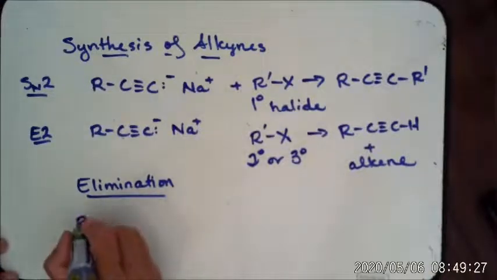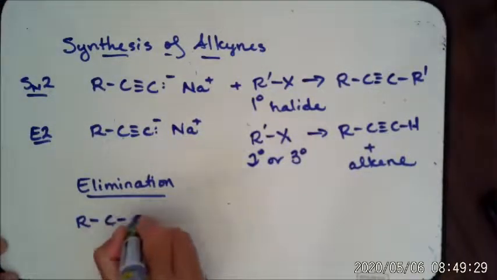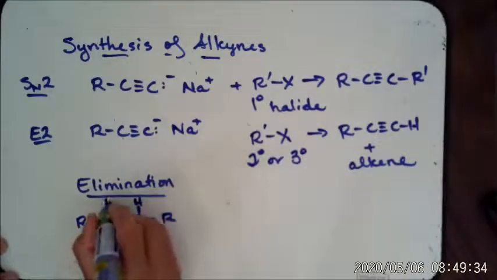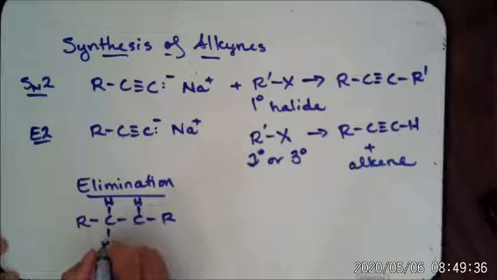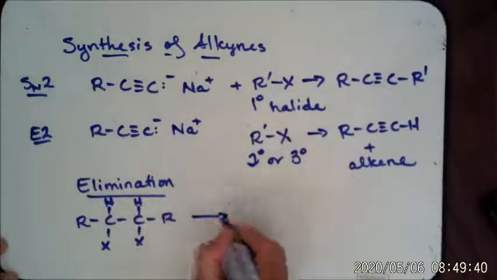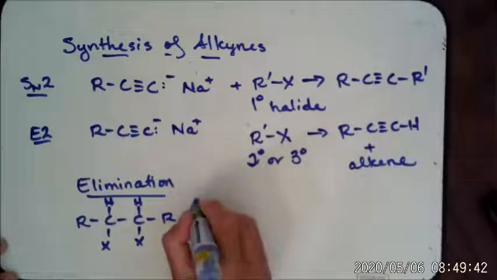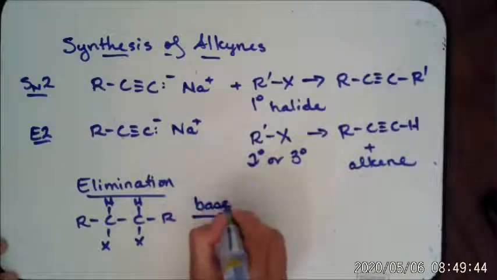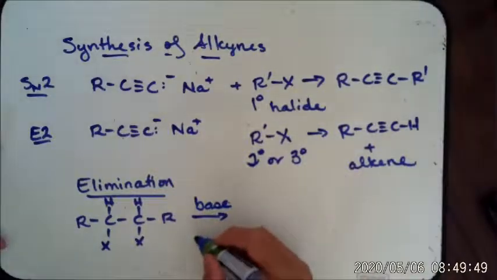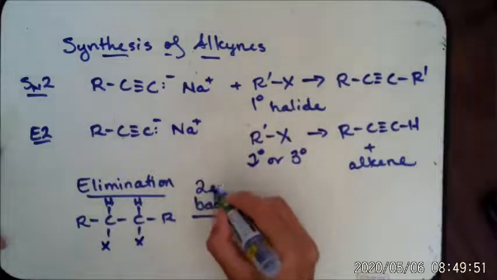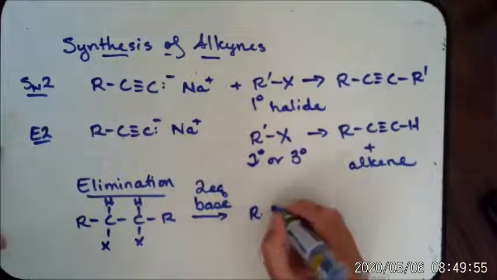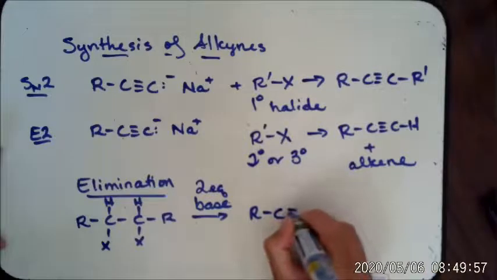So you can start off with what we call a vicinal dihalide. Okay, and you can add your base. You can add it twice. 2 equivalents. The first one, you get your alkene. The second one, you get your alkyne.